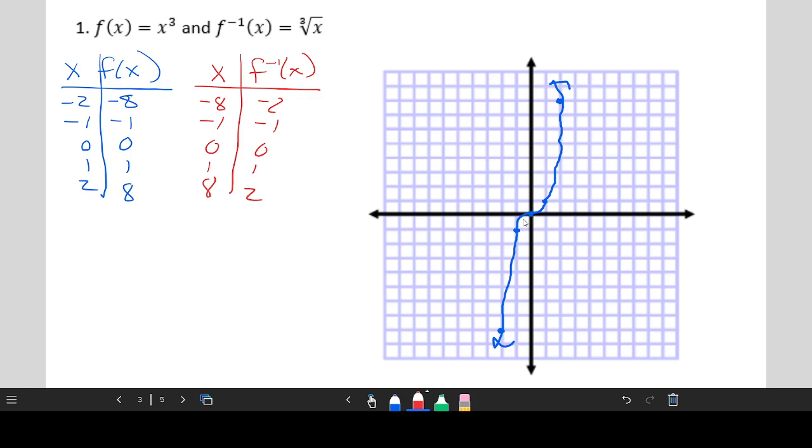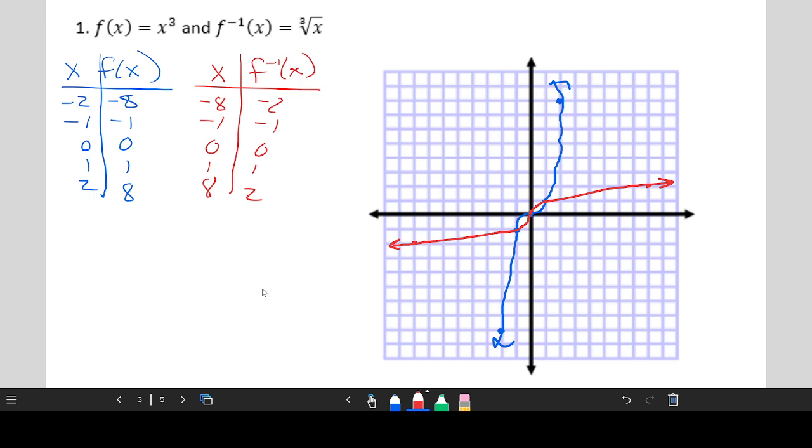There's my best attempt drawing on this tablet for x cubed, and then cube root of x is going to have some of those points in common. And we'll use a couple others as well. That one was much easier.